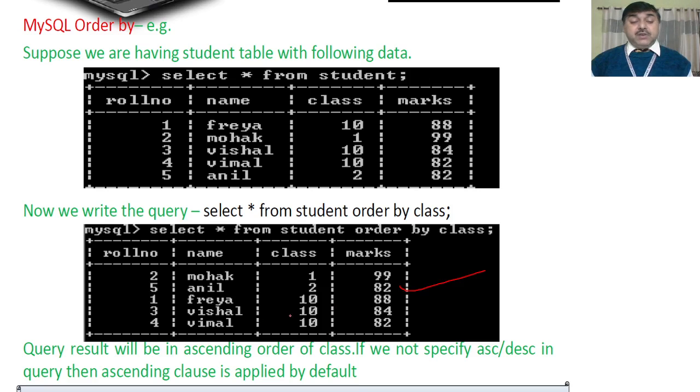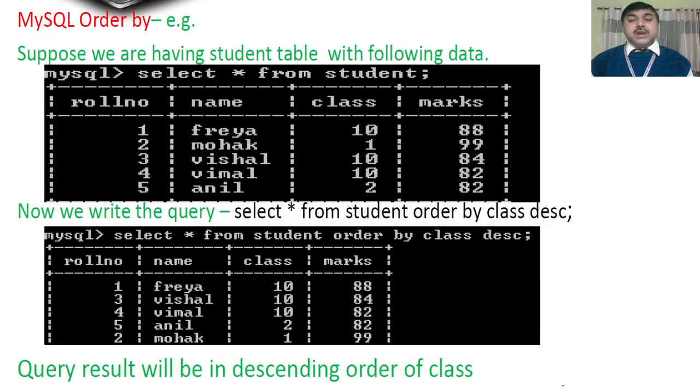Here is another ORDER BY example: SELECT * FROM student ORDER BY class DESC. That means I have specified to do it in descending order, so based on class the arrangement has been done in descending order. The instruction we give to the machine is the instruction the machine will follow. We can give ascending order also; if you don't write anything, it will be ascending order.